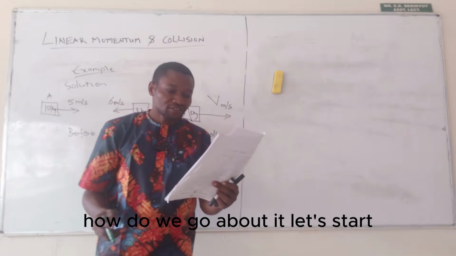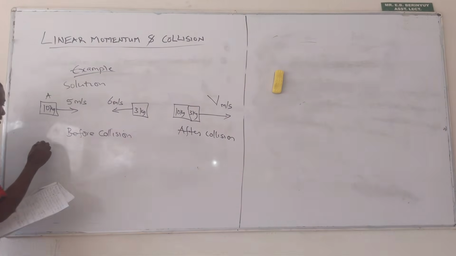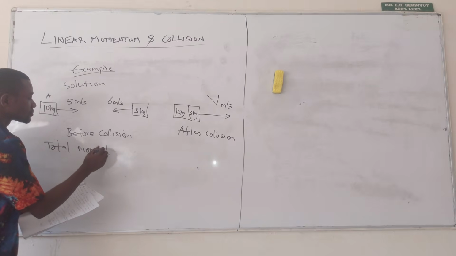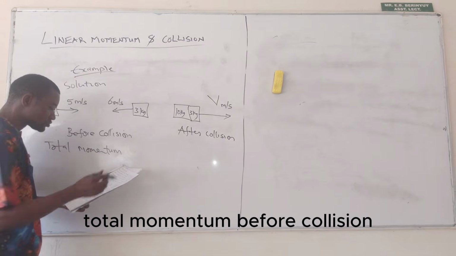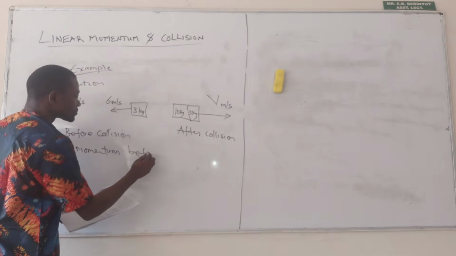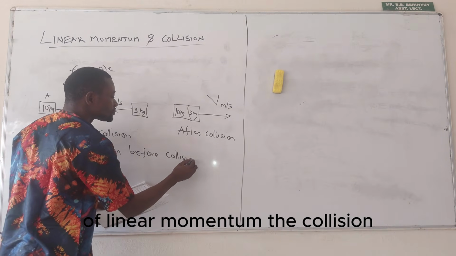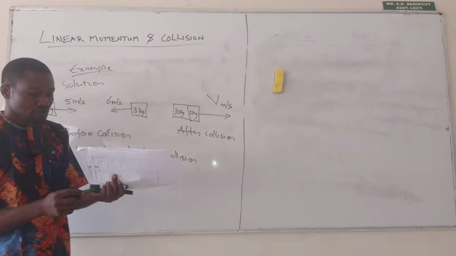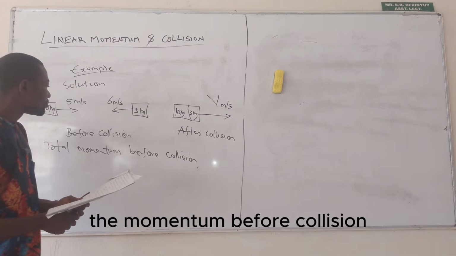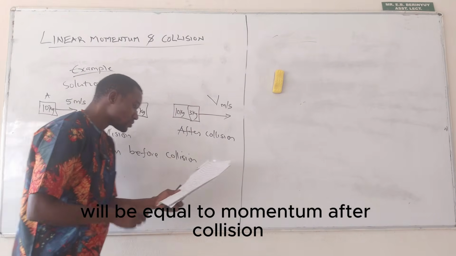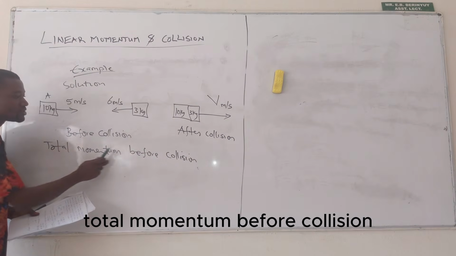How do we go about it? Let's start with total momentum. Following the principle of conservation of linear momentum, the total momentum before collision will be equal to the momentum after collision.